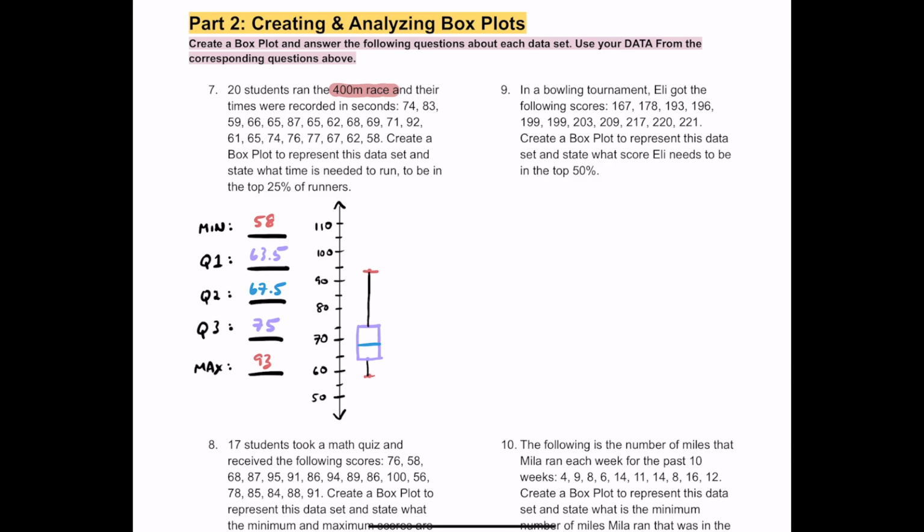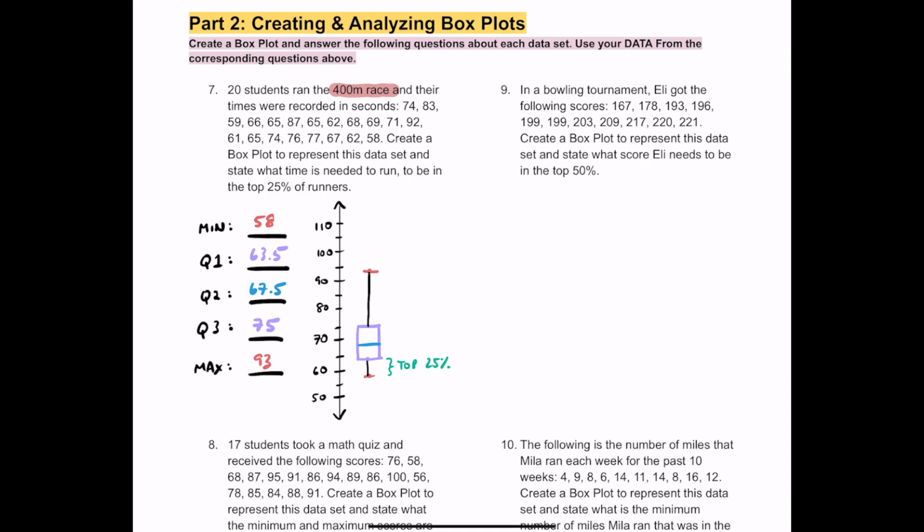And the question is asking us to be in the top 25%. That would be here. Let's write that as top 25%. Because remember, smaller numbers here is better, not higher numbers. If there was a test score, we want higher numbers, but for times, we definitely want something lower. So top 25%, what do you have to be?